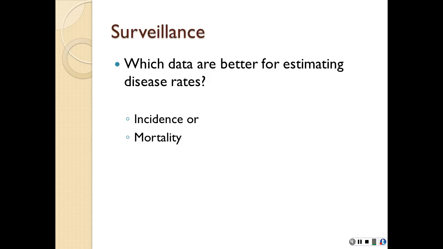Which one do you think is better for estimating disease rates? Incidence. Yes. Why? Because more than likely we already have the data on the people who have disease, for your example of the cancer registry. So the new folks coming on board, the incidence would be more proactive data that we could act on.